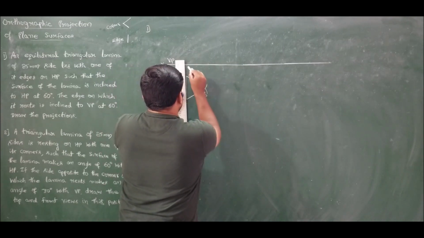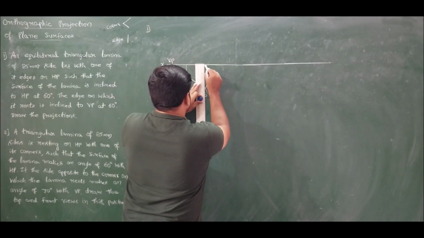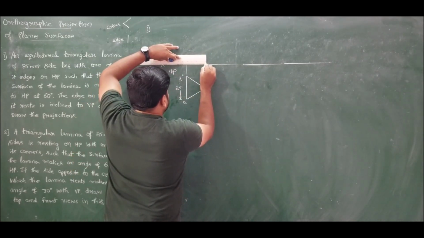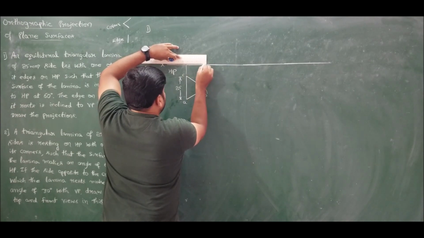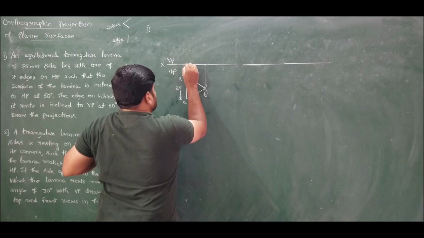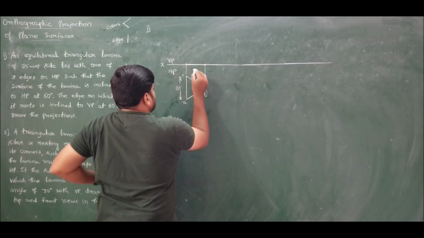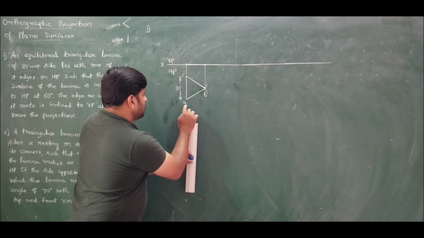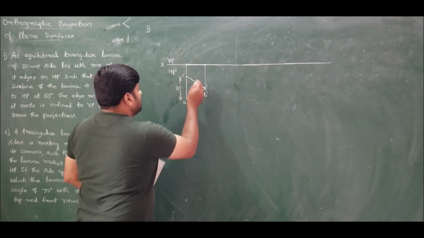Now I will take the projection with very thin lines. The front view of the lamina will be a straight line. The observer will be here at the bottom. So to the observer A is visible, C is invisible.